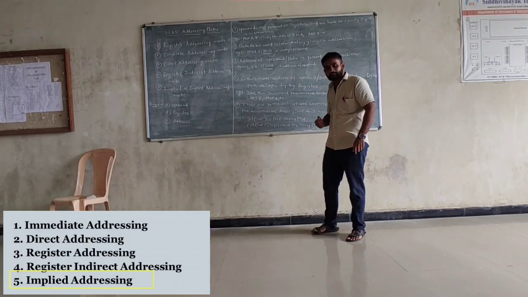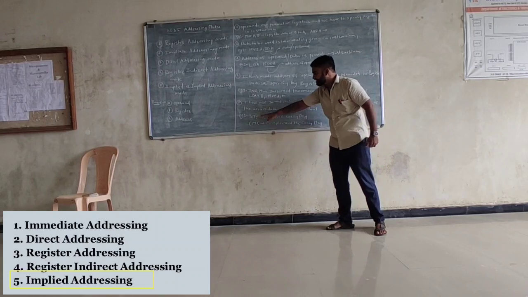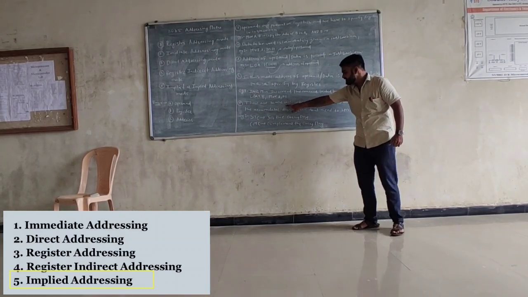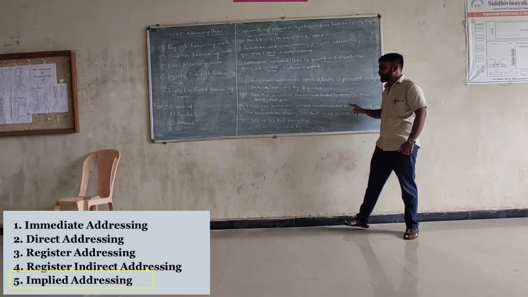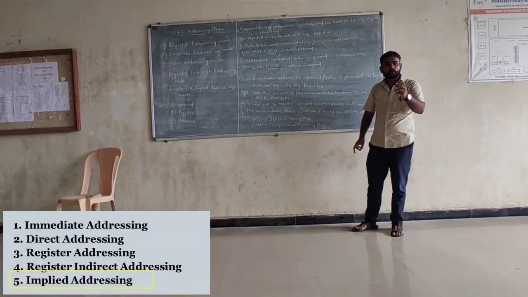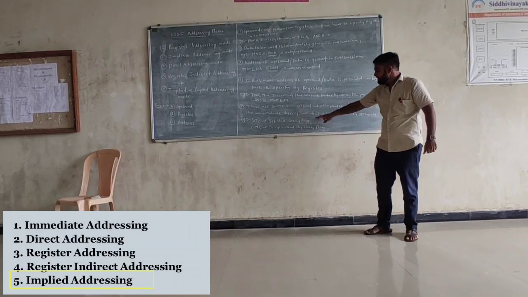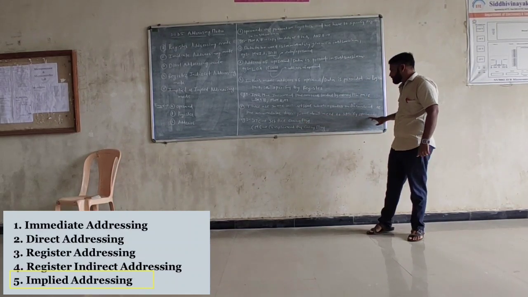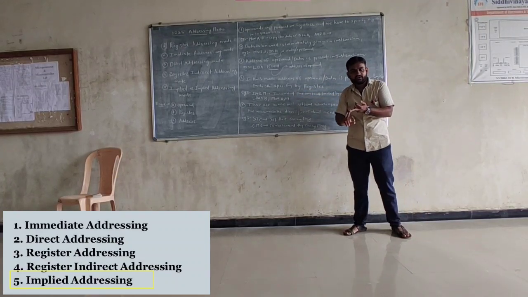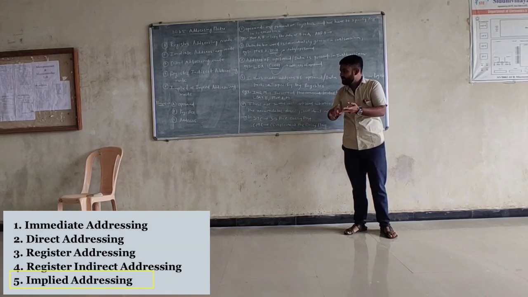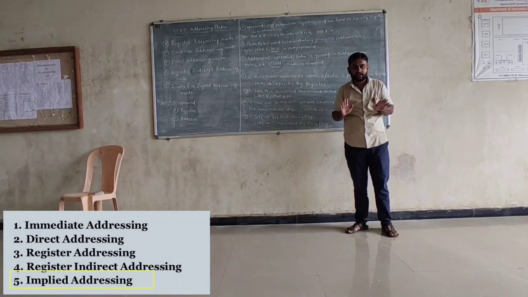So what is the statement of implicit or implied addressing mode? There are some instructions which operate directly on the content of the accumulator. We don't need to specify an operand. In other addressing modes, we are specifying either a register, data, or the address of the operand. But here we don't have to specify anything.